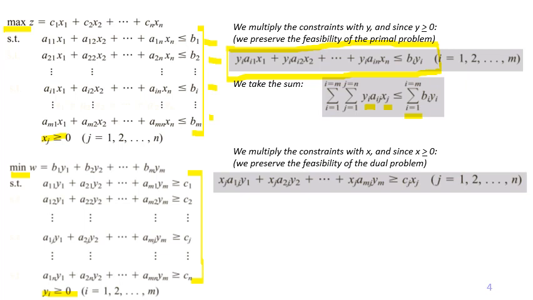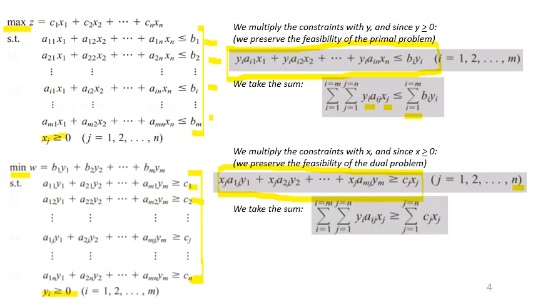Basically you just multiply everything with x for each of the constraints. You notice that we have n constraints here, 1, 2, up to n. So as before, we sum all of these constraints from 1 up to n. And this is the result.